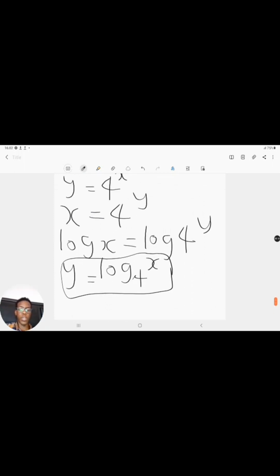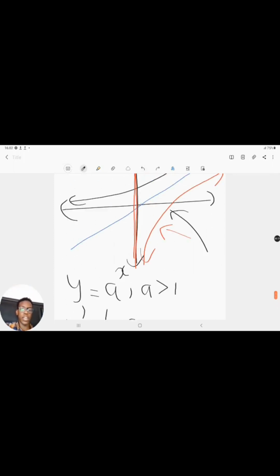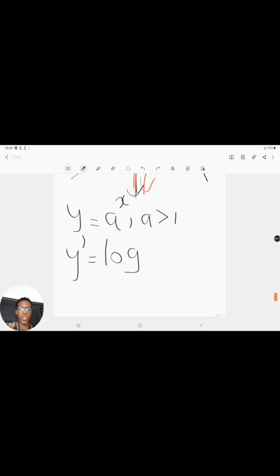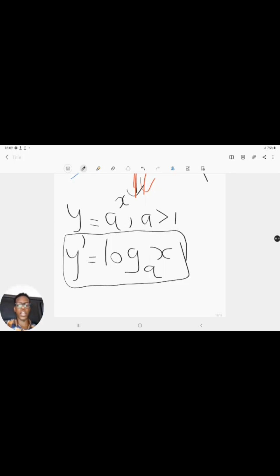Your a is going to be that value there, and then that's going to be your x there. This is going to be the equation of your inverse for an exponential. That's going to be your general equation.